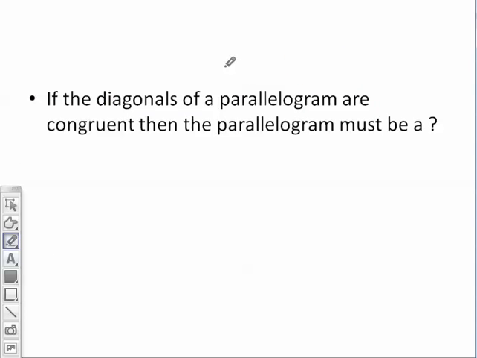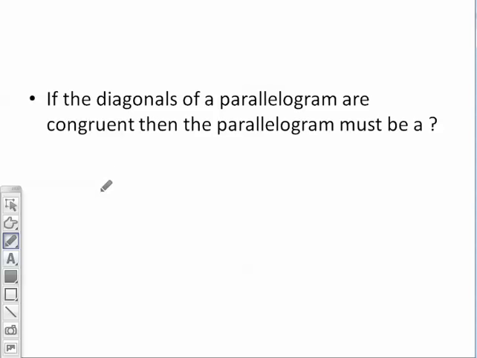Okay. This next one says, if the diagonals of a parallelogram are congruent, then the parallelogram must be a, okay, it must be a, well, let's see here. If we look at the theorems or the properties that we were given, quadrilaterals have bisected diagonals, but they're not necessarily congruent to each other.